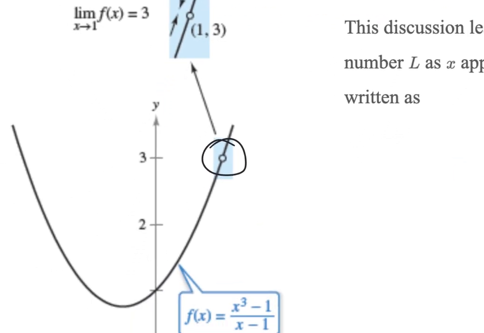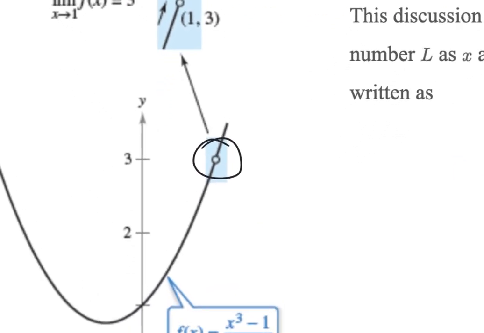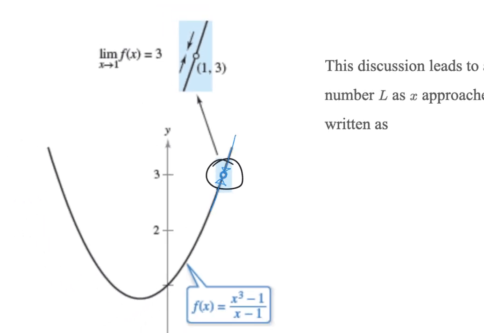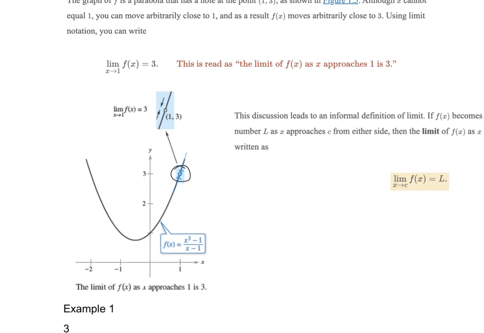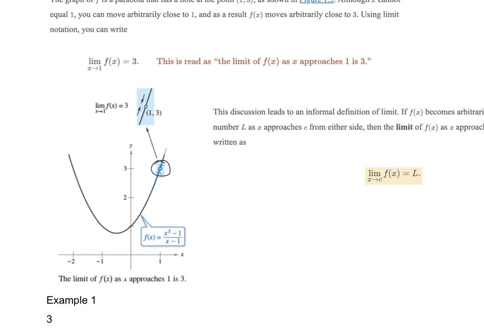So on the graph, as I come from the left, I approach 3. As I come from the right, I approach 3, but it doesn't actually equal 3, then this limit can exist.